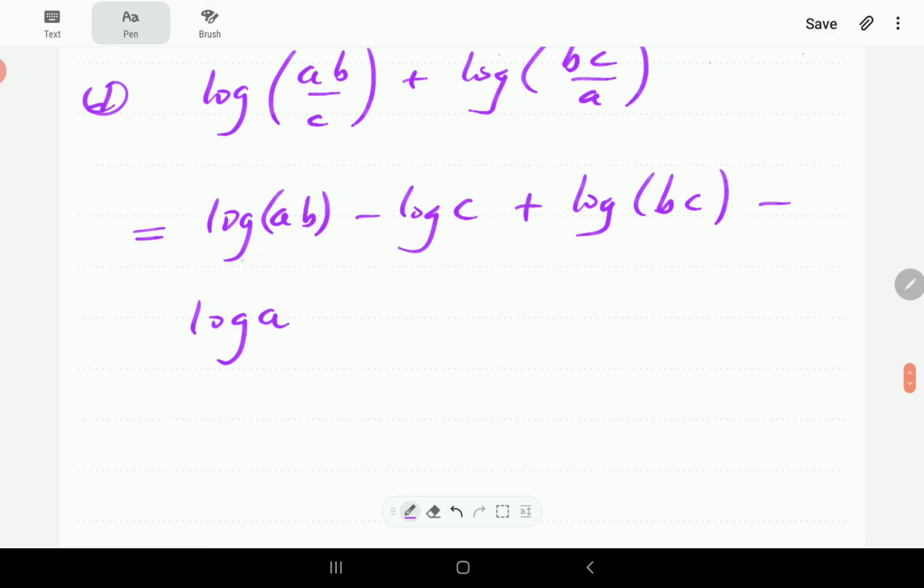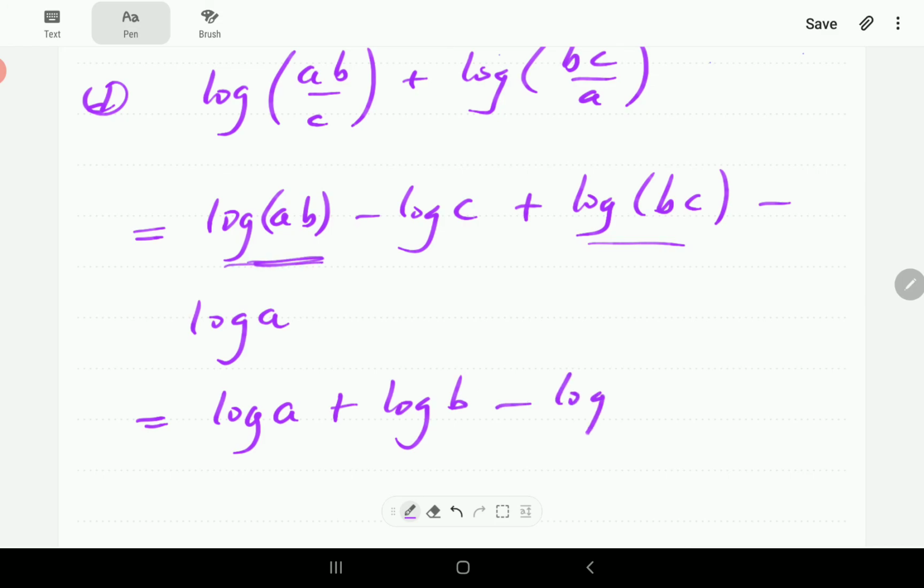Now for these two terms, we're going to use the first property. So this is going to be log a plus log b, that's this term here, then minus log c, which is this term.